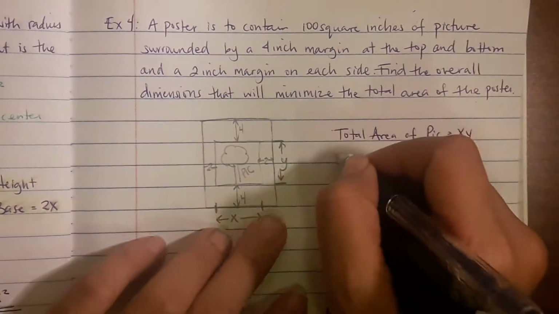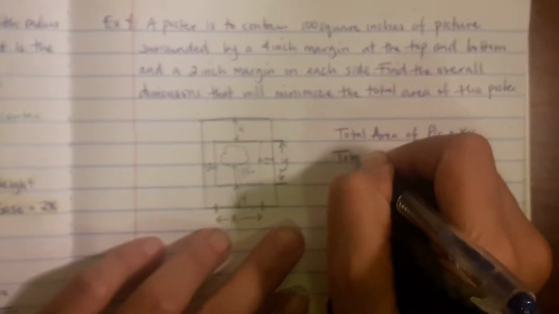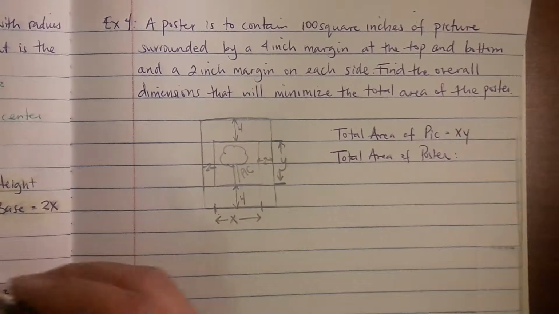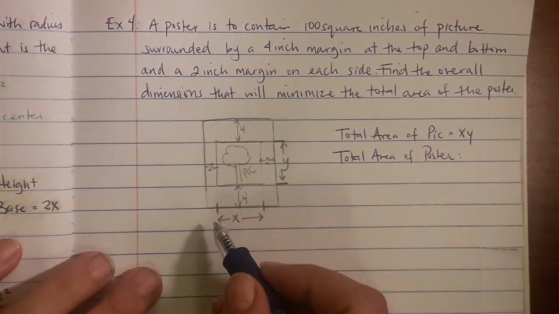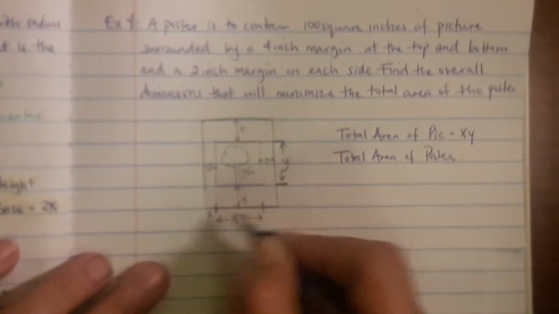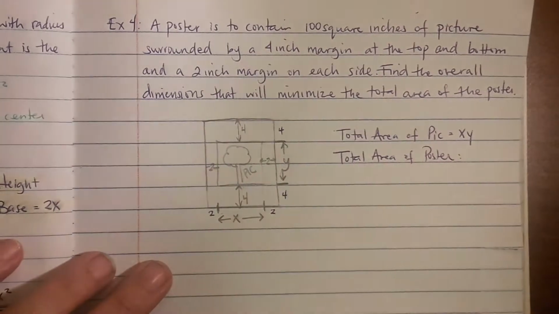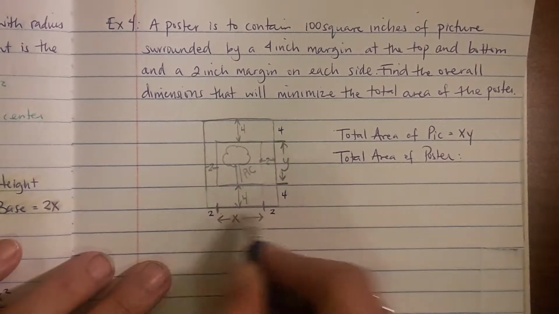So the total area of the picture inside is going to be X times Y, whatever that is. The total area of the entire poster, in terms of X and Y, is going to be, well, what's on the side of that X? There's 2 inches left and right, right? So that's going to be 2 plus 2, which is 4, and then the X. And on that side, on the Y, it's 4 and 4, because it's 4 inches.